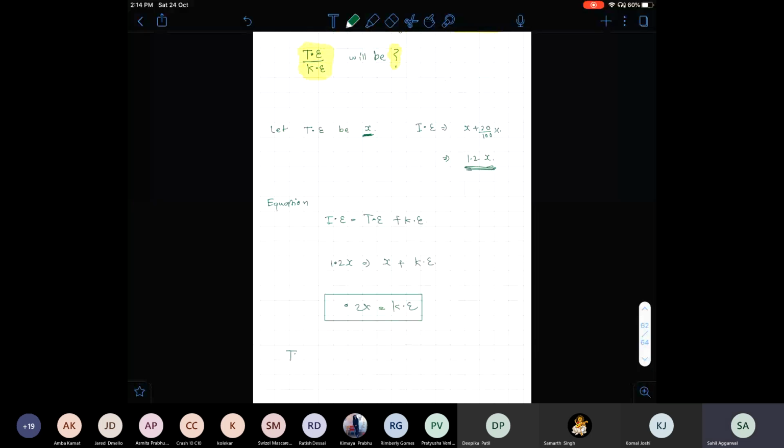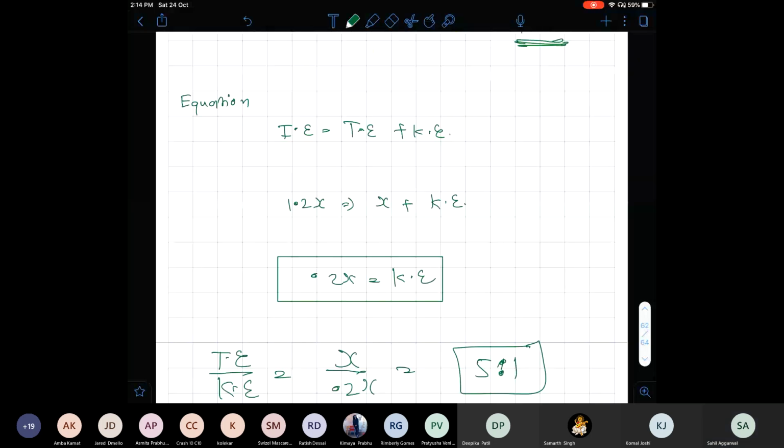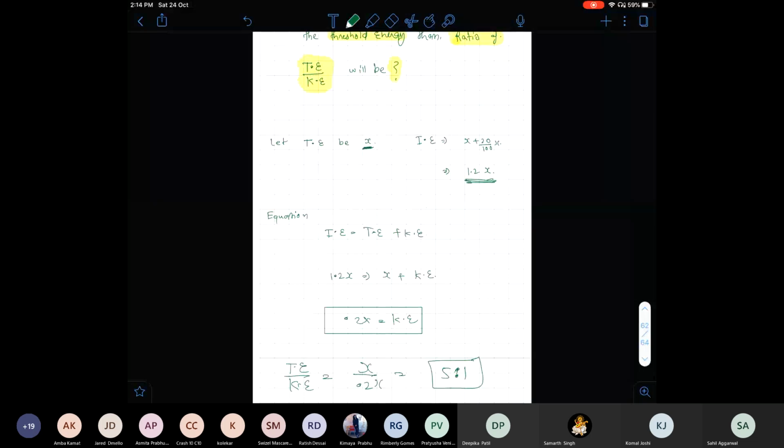So threshold energy by kinetic energy will be X upon 0.2X. It will be 5:1. Very good. Understood all of you?